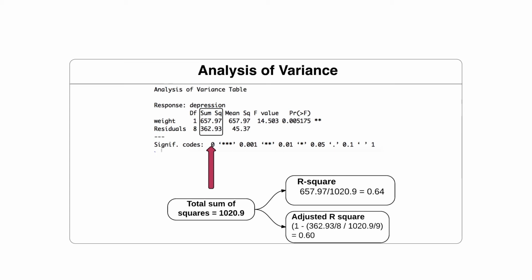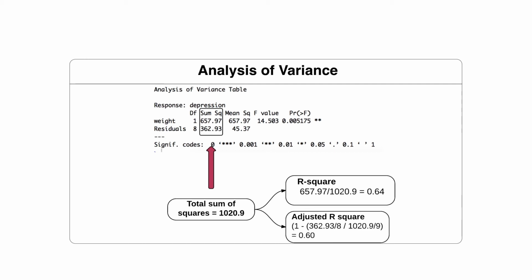Based on the ANOVA table itself, you can work out the R-squared, both the adjusted R-square as well as the R-square for the model. The R-square is actually the property of a model which explains how much of the variability of the outcome variable can be explained by the explanatory variable.